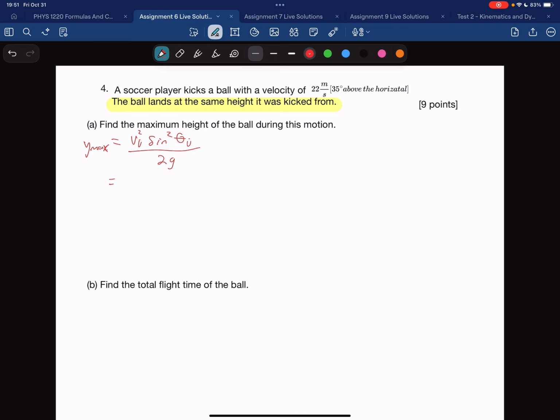Summing in our numbers, we have an initial velocity of 22. With these equations, you do not have to break things into components, which is very nice. The angle was 35 degrees over 2 times 9.8.